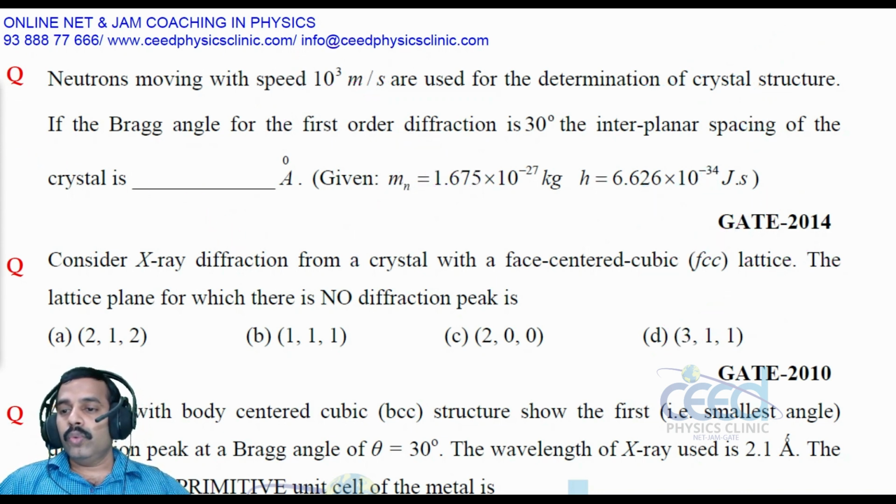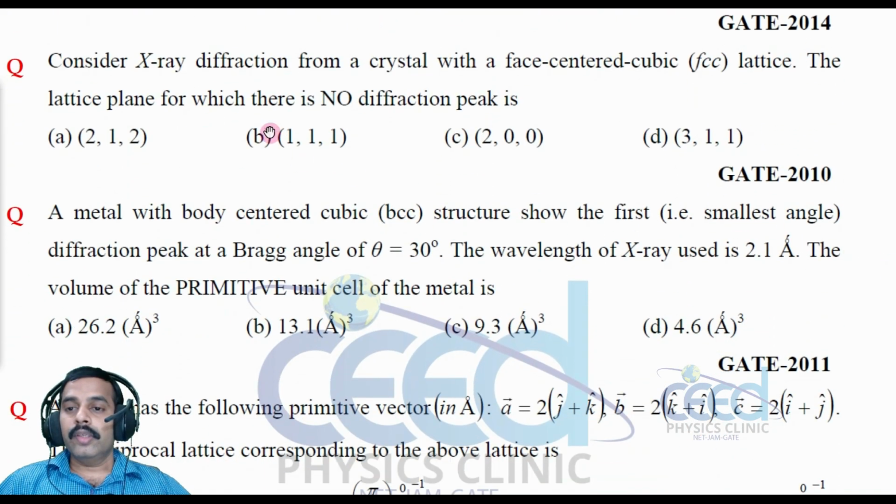Now let us come to another question. Consider X-ray diffraction from a crystal with a face-centered cubic lattice. The lattice plane for which there is no diffraction peak is, we have already studied a trick. From which planes this diffraction is absent: from the mixed HKL values, the diffraction pattern is absent, that we have studied.